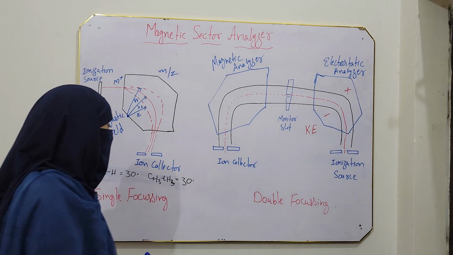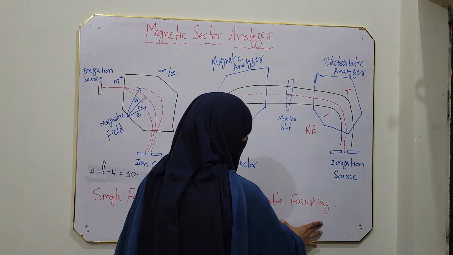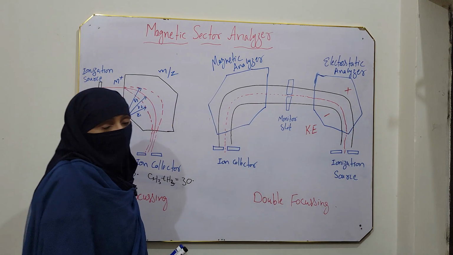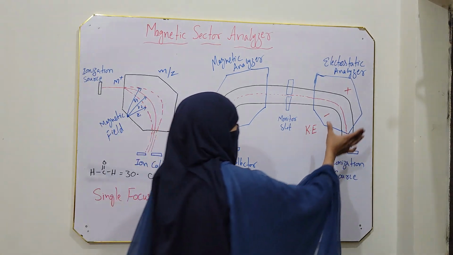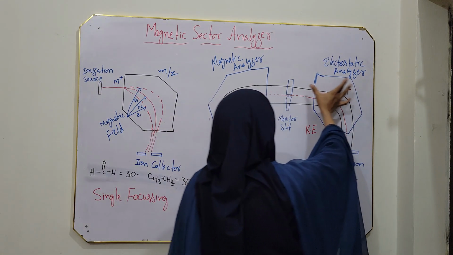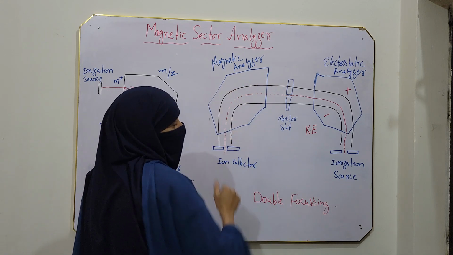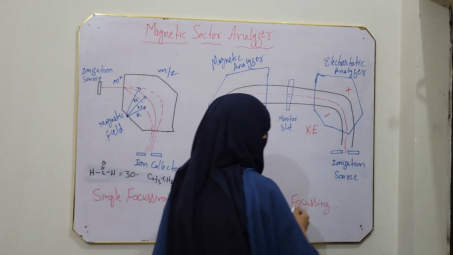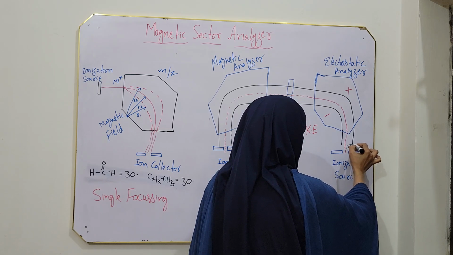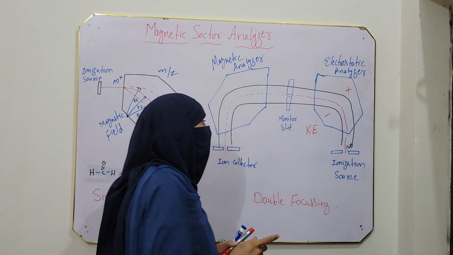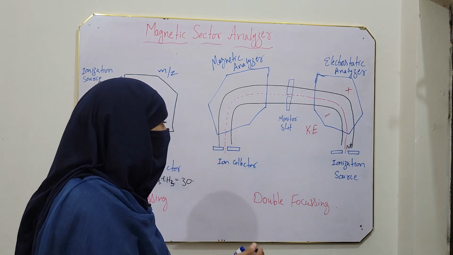For this high type of separation, we use a double focusing analyzer. In a double focusing analyzer, we apply two fields. First, there is an electrostatic analyzer, and in the second half, we apply a magnetic analyzer. The sample, after ionization in the ionization source, enters first into the electrostatic analyzer.